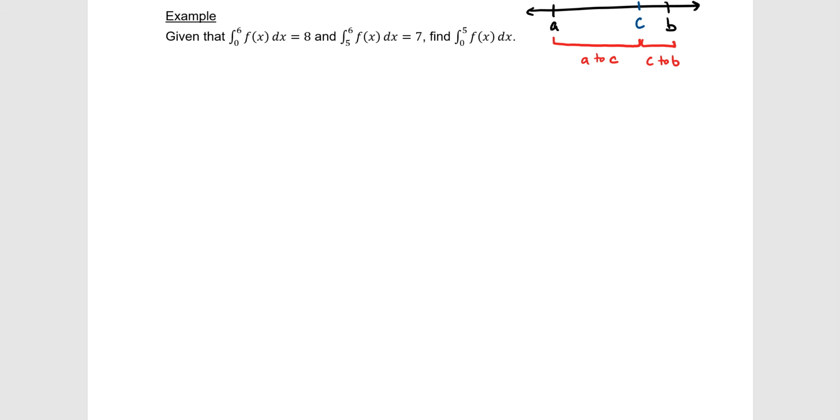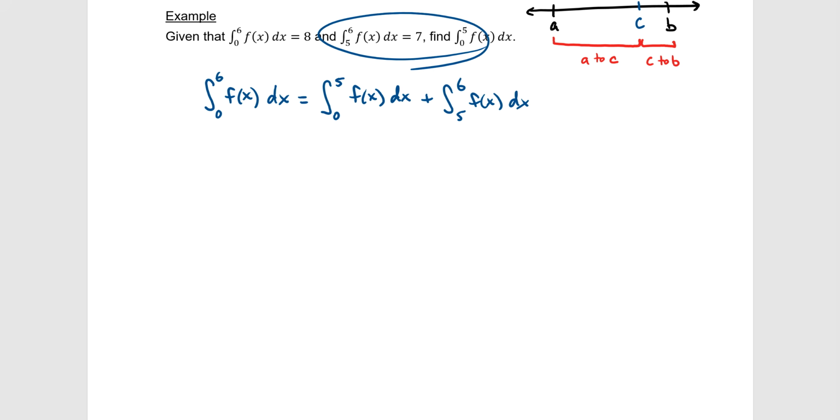So we know that the integral from 0 to 6, just using the rule that we just said, is going to be the same thing as the integral from 0 to 5 plus the integral from 5 to 6. And the only reason I'm using 0 to 5 and 5 to 6 is because that's what's given to us in the problem. We could have used 0 to 4 and then 4 to 6, but we don't have that information. So let's go ahead and plug in now.